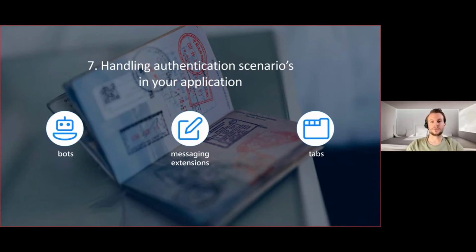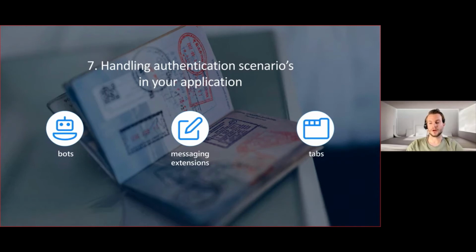For tabs, you've got two possibilities. You can use the Azure AD single sign-on, which is GA recently, so that the credentials of the user that is logged in into Teams is passed on to the tab as well and can be used there for on-behalf-of authentication flows. You can also, when your tab needs different authentication, implement it yourself.